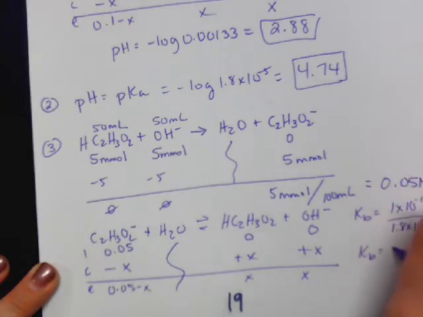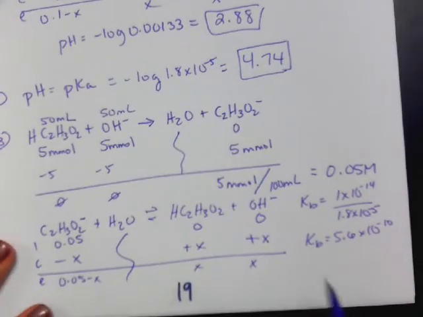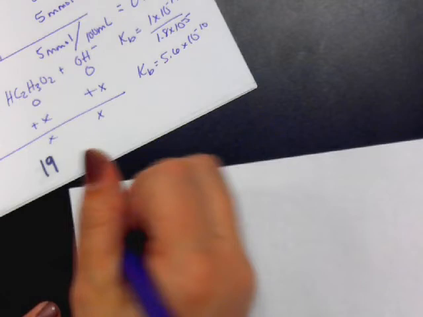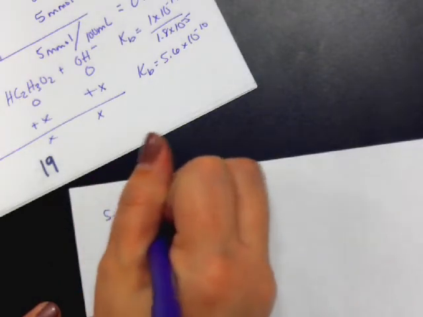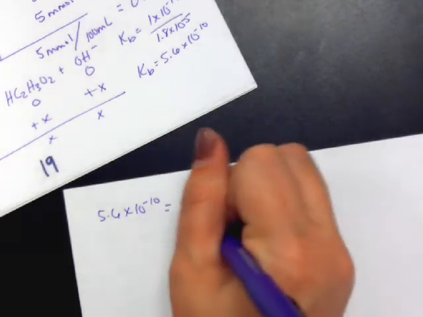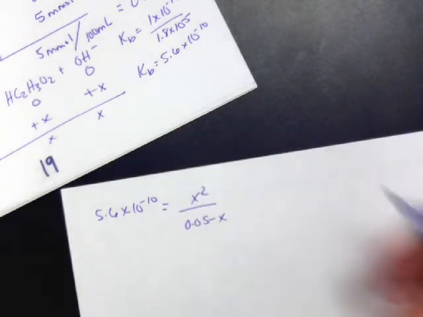And so our Kb is 5.6 times 10 to the minus 10. And then we plug that into our equilibrium expression. We have 5.6 times 10 to the minus 10 is equal to x squared over 0.05 minus x. We put that into our solver and solve for x.